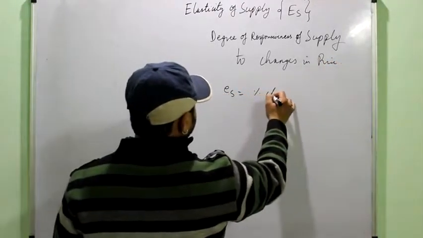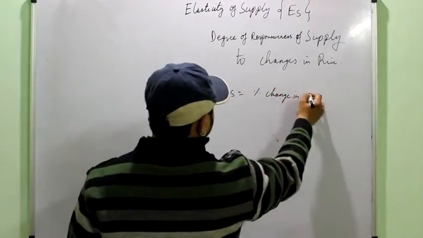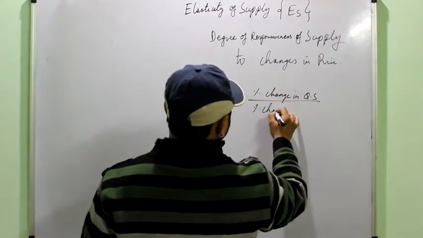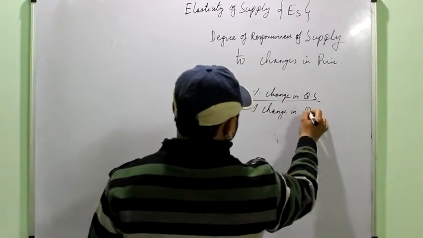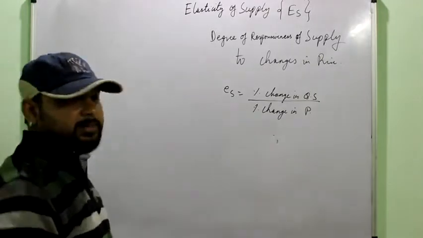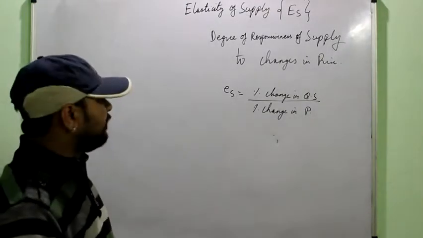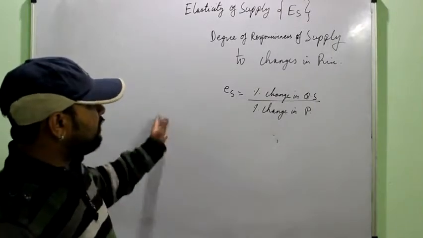Okay, and it is the same formula we use. This is percentage change in quantity supplied upon percentage change in price. As for demand, you have the percentage change in demand upon percentage change in price. Here we have percentage change in supply upon percentage change in price. Meaning is the same, formula is the same.